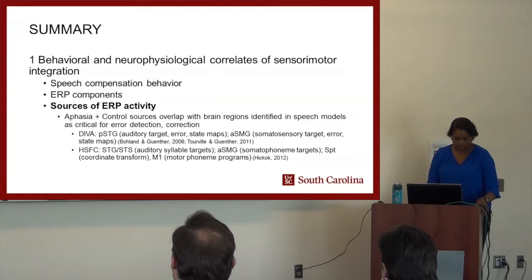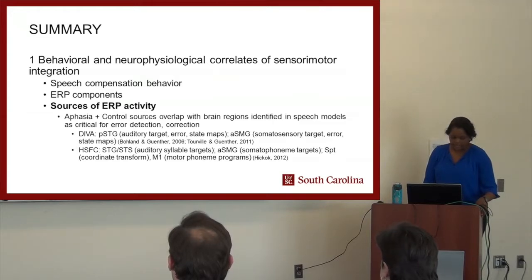But for the future, it'll be important to make specific individual predictions based on the speech models to get a better idea of the range of typical variation, as well as what happens when these critical regions are damaged.